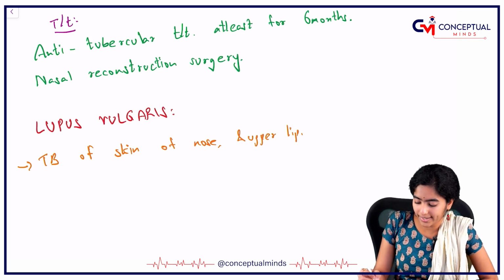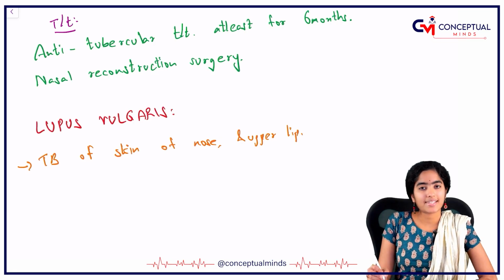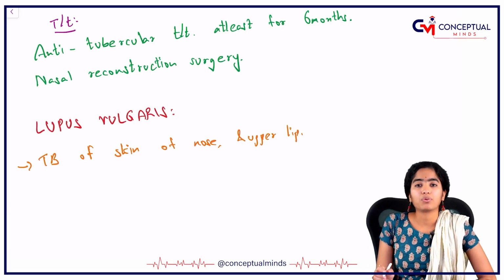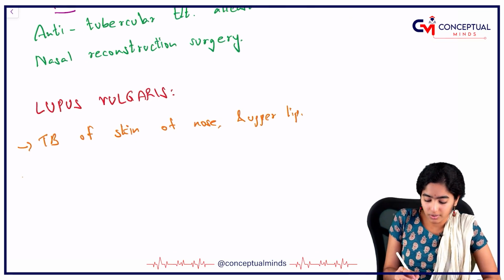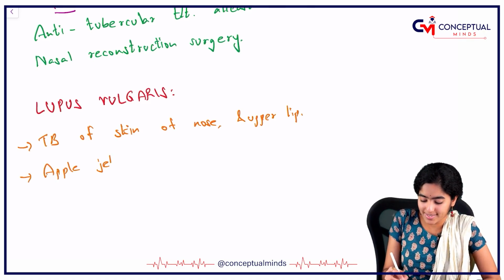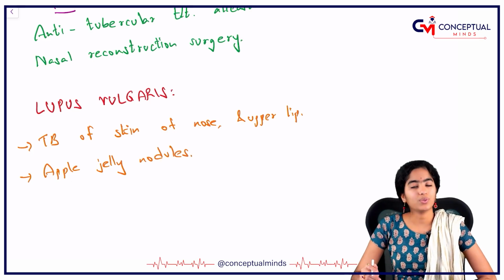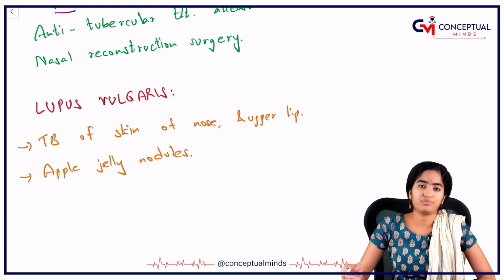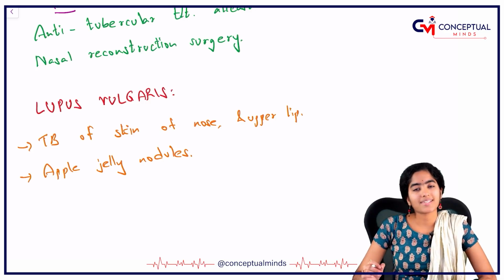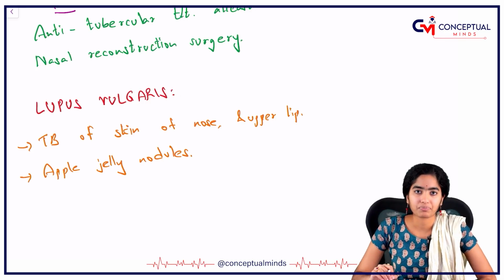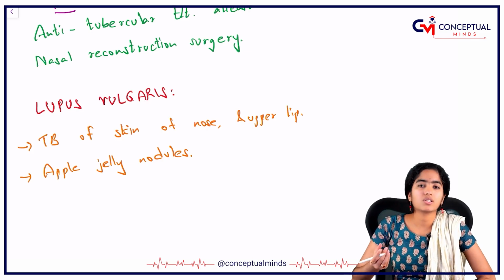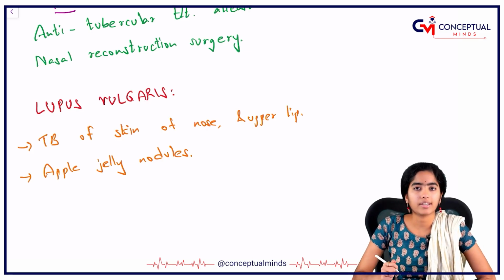It is a low-grade TB that is sometimes seen in this area. And what is the most important feature? Presence of apple jelly nodules. These apple jelly nodules are the characteristic feature of tuberculosis of the skin, lupus vulgaris. They are brown gelatinous nodules that are present in that area.